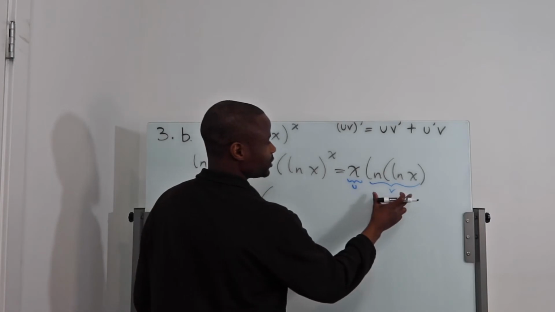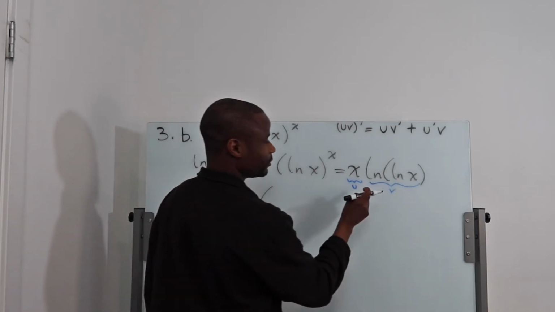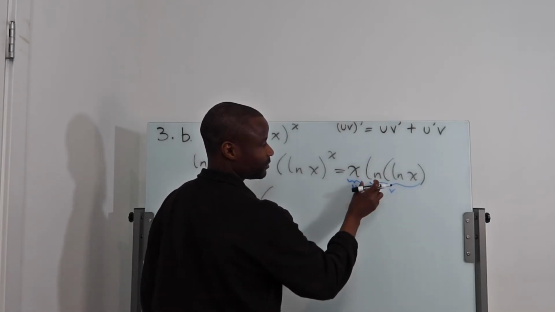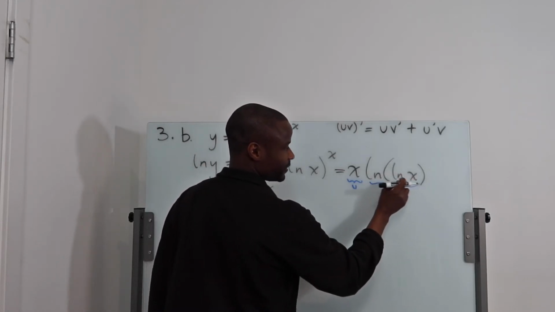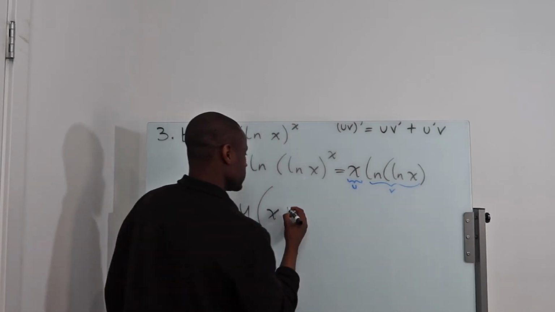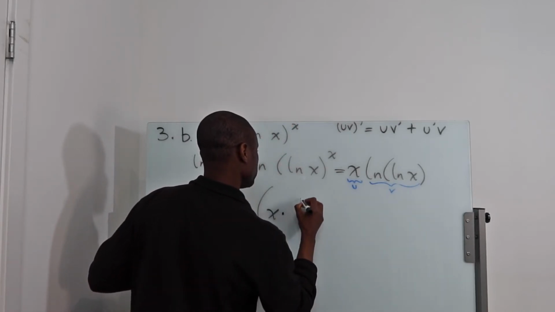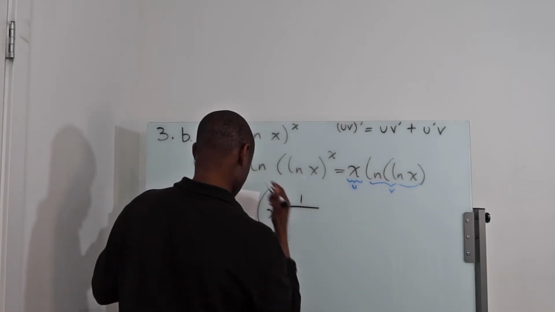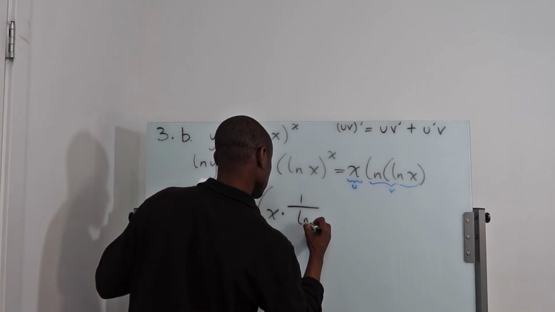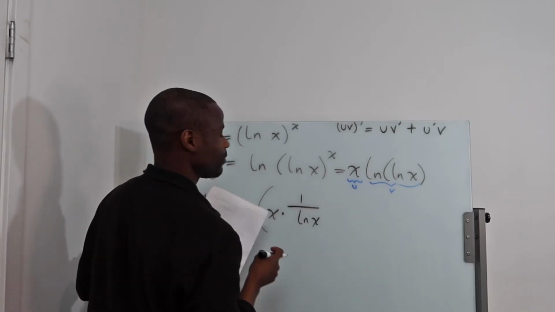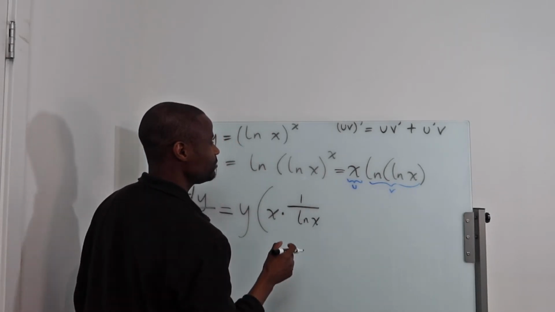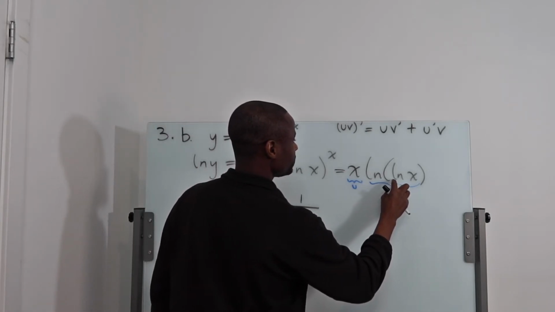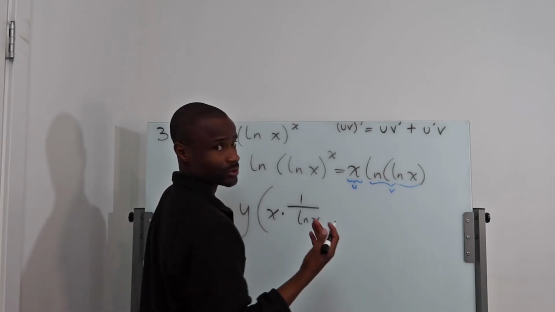So what's the derivative of v? Well, our formula tells us the derivative of any natural log is just 1 over what comes after the natural log times the derivative of what's after. So that's going to be 1 over the natural log of x times the derivative of the natural log of x, which is also just 1 over x.